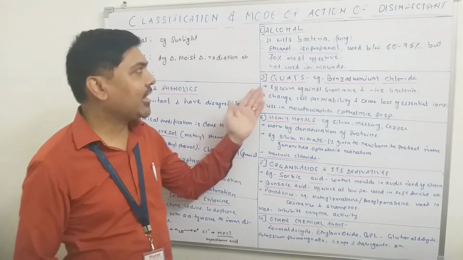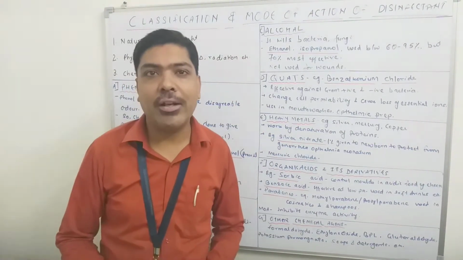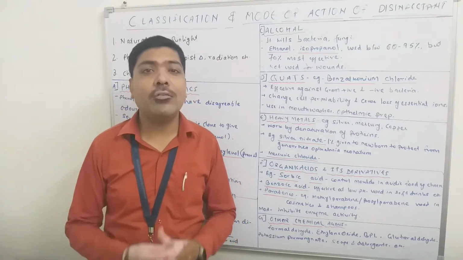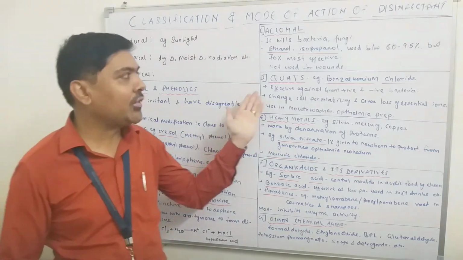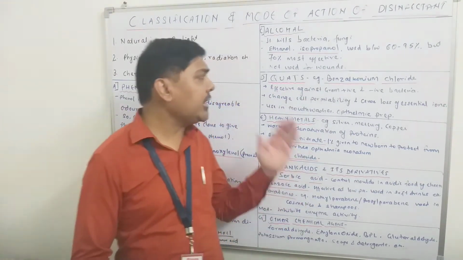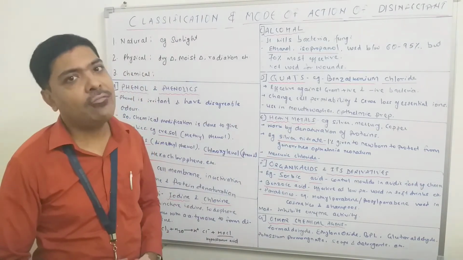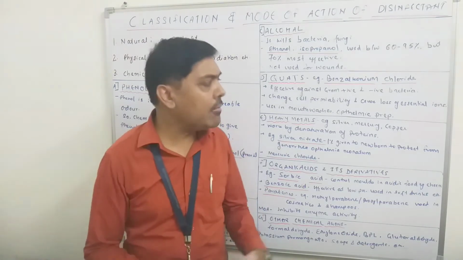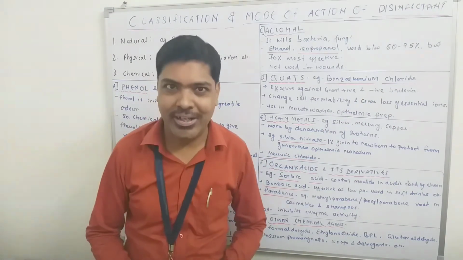Now coming to the next class of disinfectant, which is called quats. Quats are quaternary ammonium compounds. The most common example of this is benzalkonium chloride. Benzalkonium chloride has very good effectiveness against various gram-positive bacteria and many gram-negative bacteria.